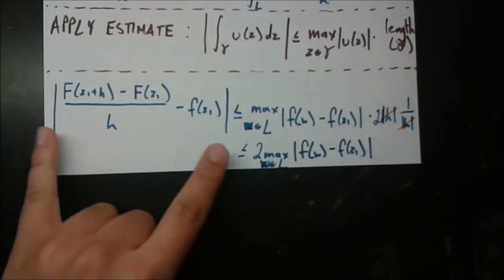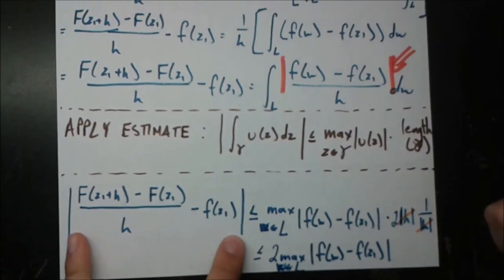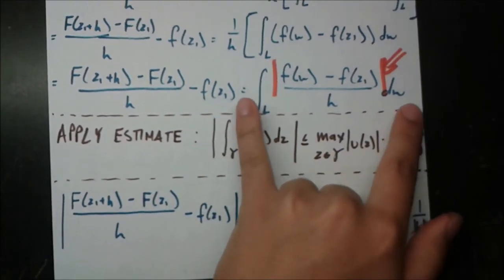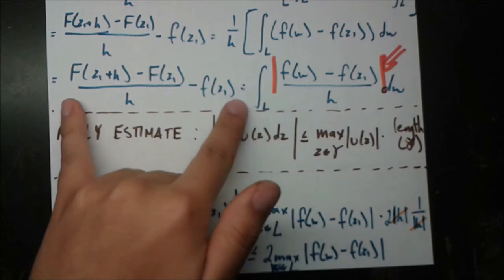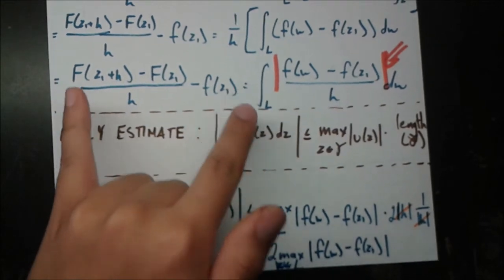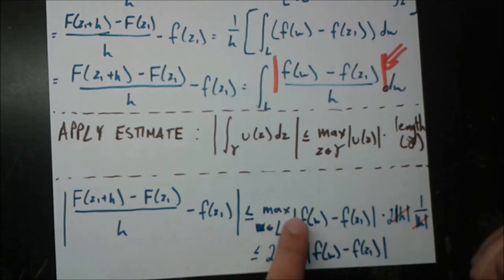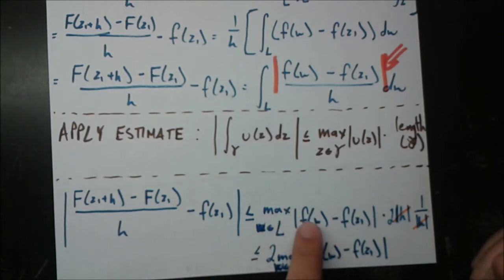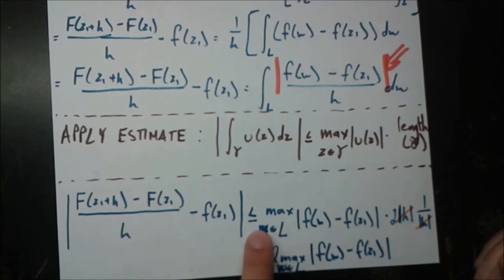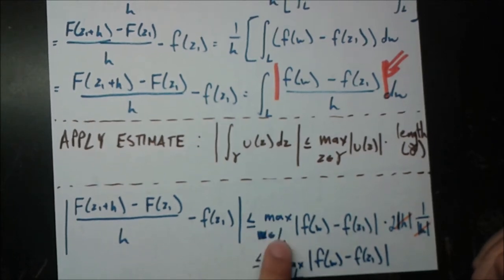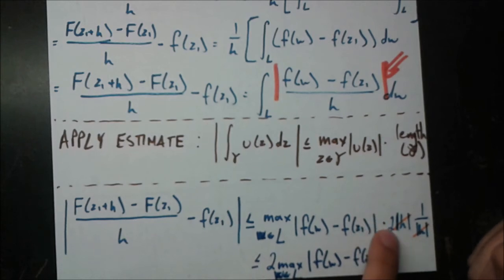So to recap, this is in modulus because this is the same as this in modulus. So this integral in modulus is the same as this whole f, big F, small f in modulus. So that collectively is less than or equal to the maximum value of modulus f of w minus f of z1 on L, where w has to be on L, times 2 times modulus of h.